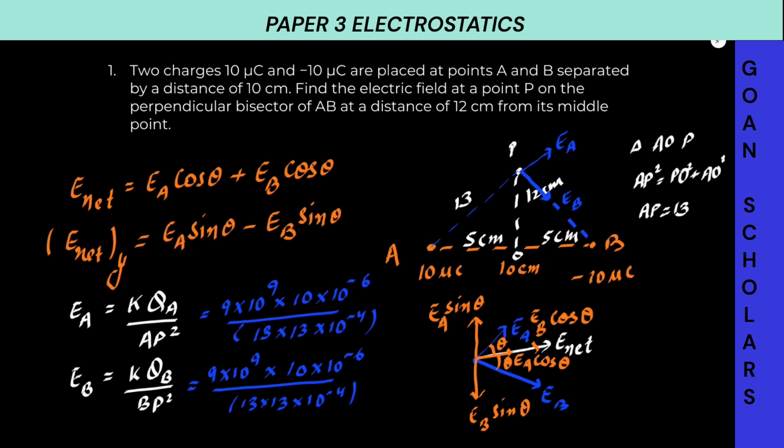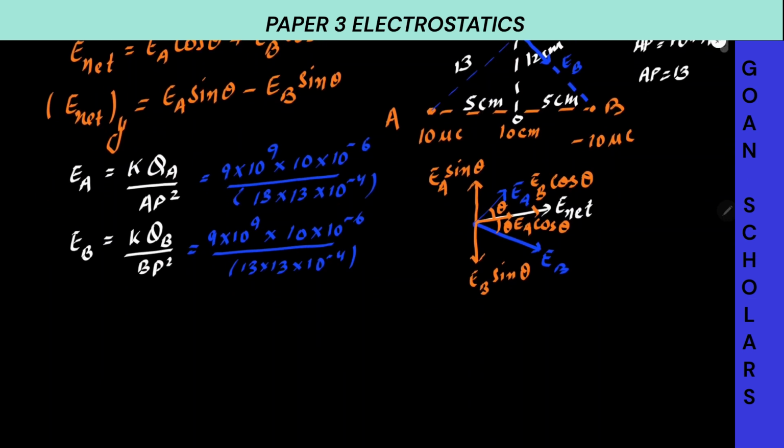While in case of x-axis, if you look at this first equation over here, what can we find? That the electric field adds up. So let me scroll up and let's find the net electric field along x-axis. Net electric field along x-axis will be EA cos theta plus EA cos theta, because EB and EA are both the same.